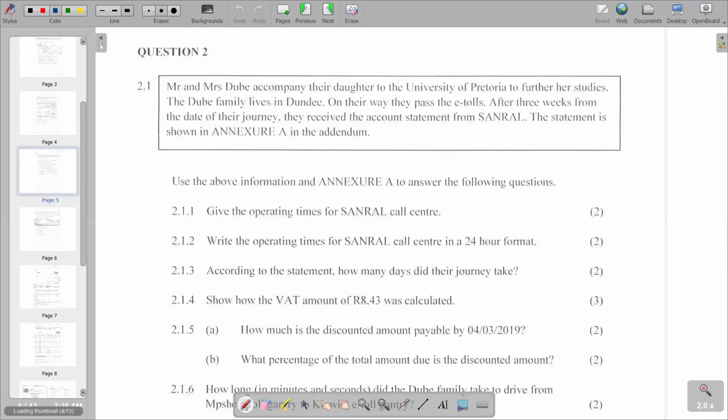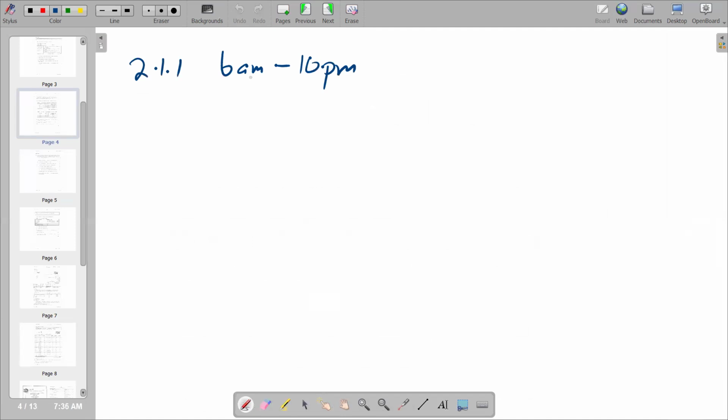So moving on to the second question, write the operating times for the call center in a 24-hour format. So basically we are referring back again and convert 6 a.m. to 24-hour format and then 10 p.m. also to 24-hour format.